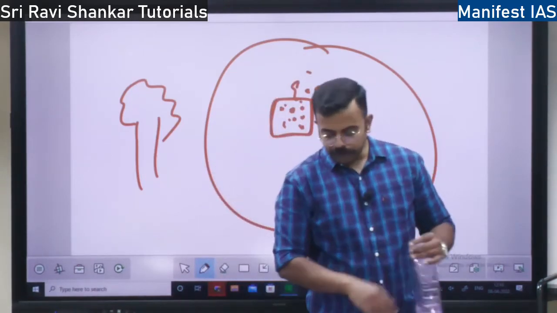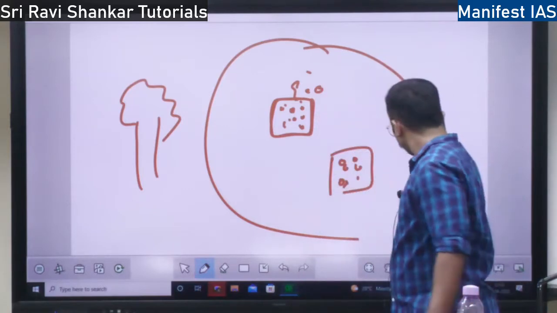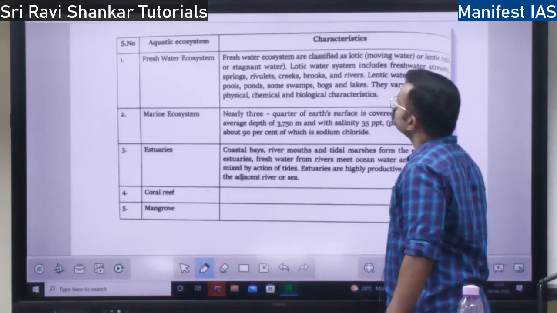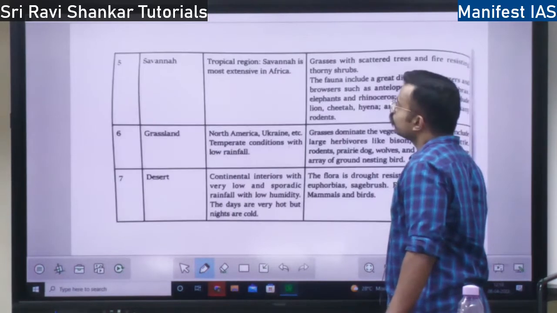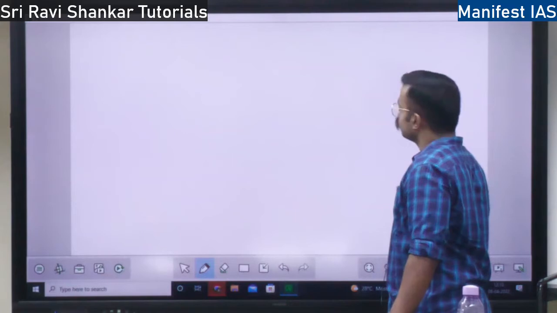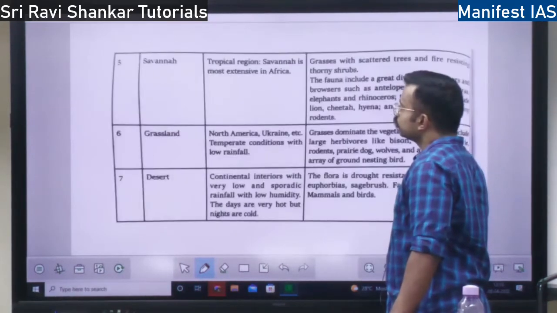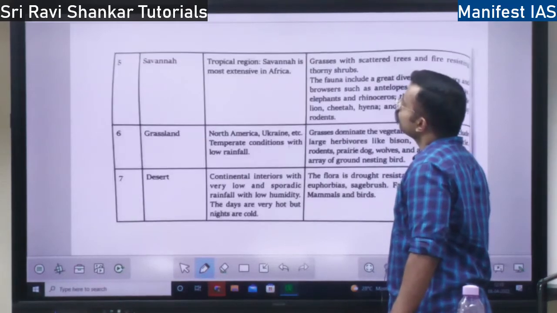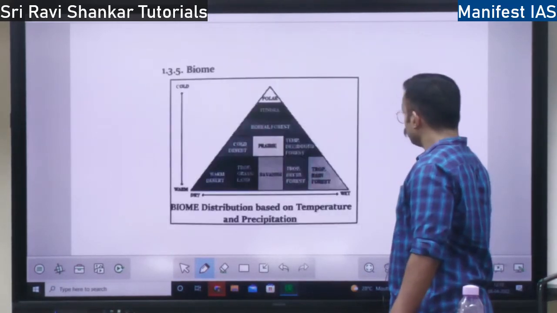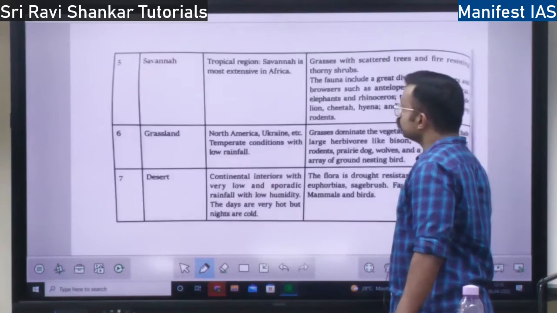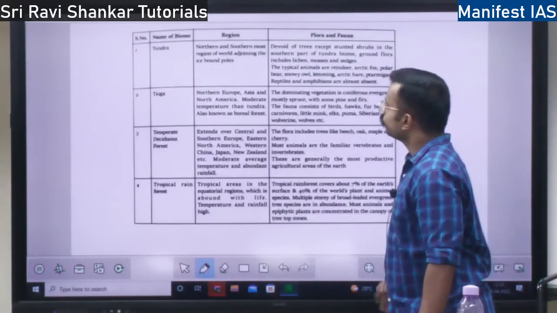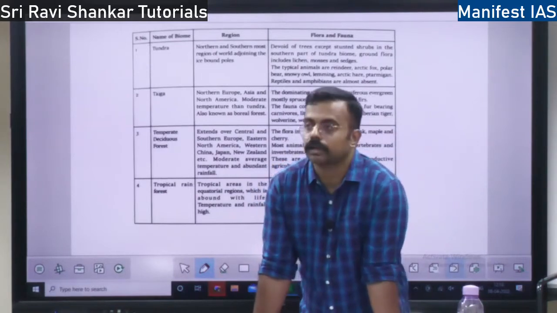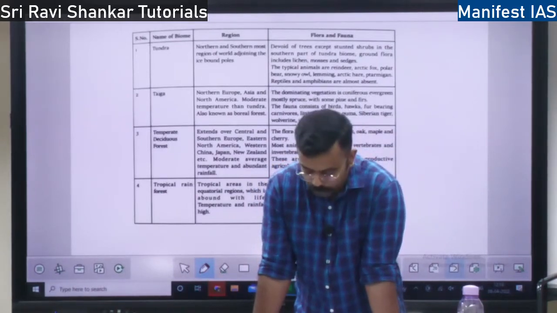So when it comes to biotic components, the first concept is primary producers.